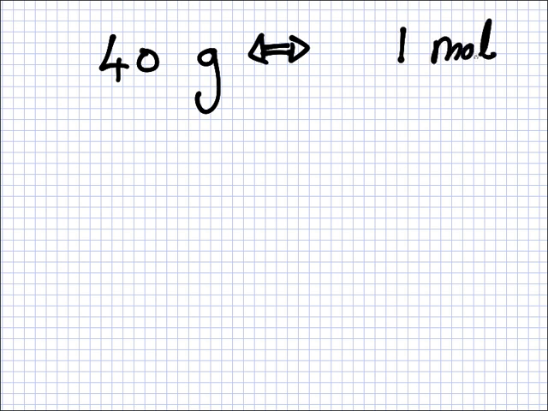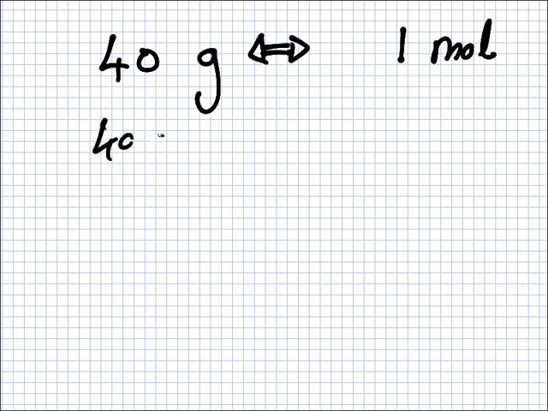Am I right in thinking, guys, in this question they said the mass is 40? So that means 40 grams is the mass when you have 1 mole, isn't it? And they want the mass of 1 atom.